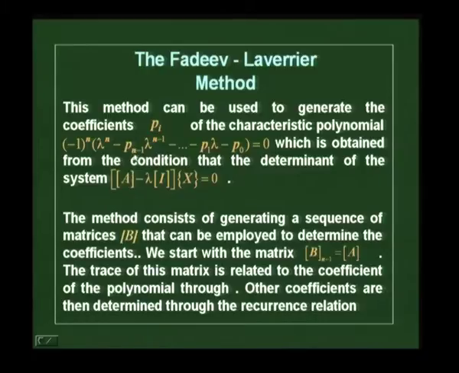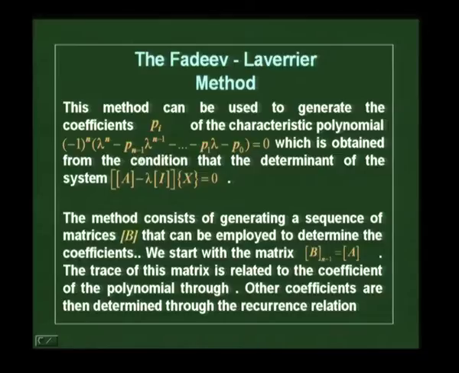So these polynomial coefficients will be functions of the elements of this matrix A, and our idea is to actually determine them. The fact that the determinant of A minus lambda I, that is the matrix A minus lambda times an identity matrix, equal to 0 can be written in this form is, I am sure, obvious to all of us.